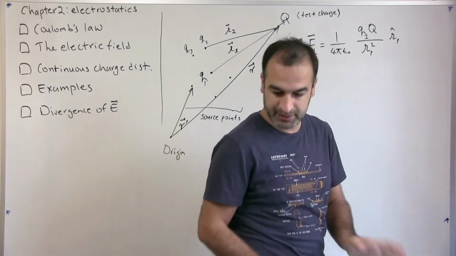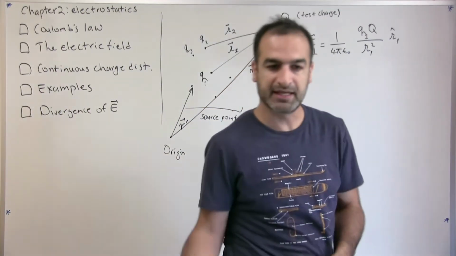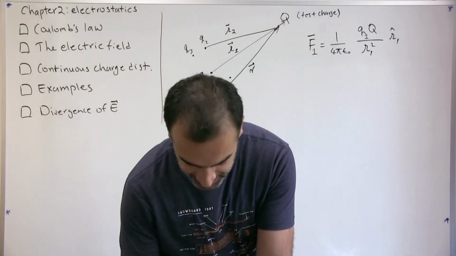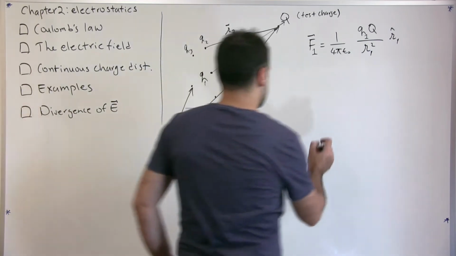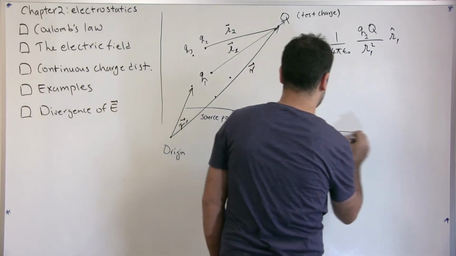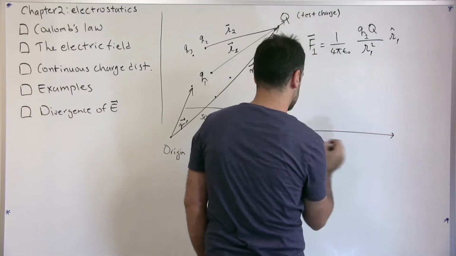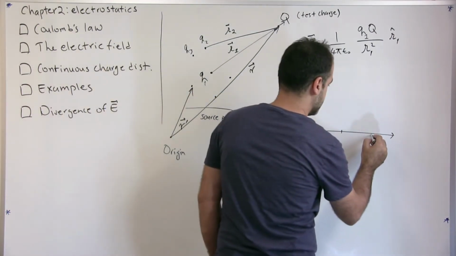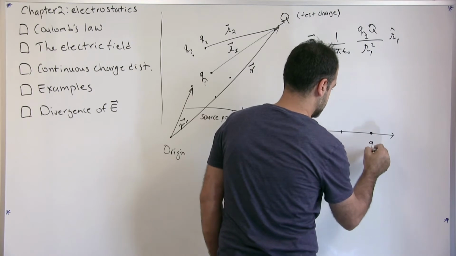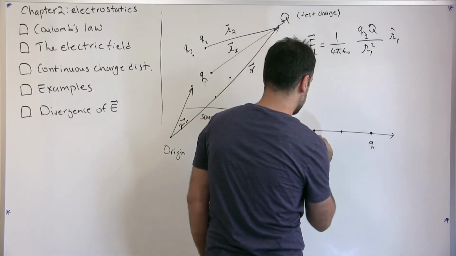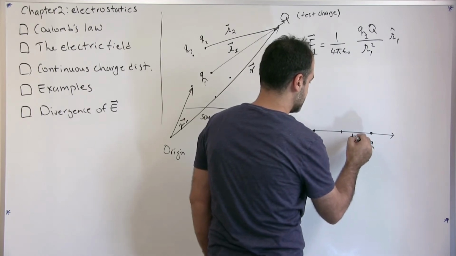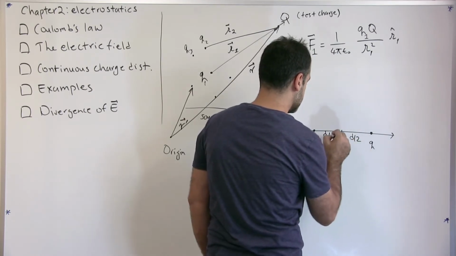So this is a relatively simple example, example 2.1 from the textbook, that you have 2 point charges, one at this point, charge Q, the other one at this point, charge Q, separated by distance d, meaning that this side is d by 2, the other side is d by 2 as well.